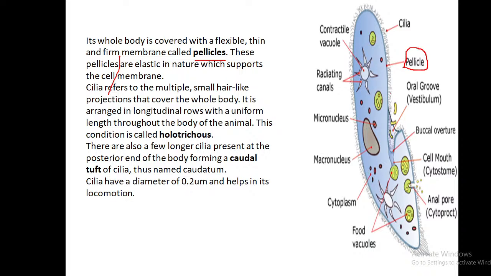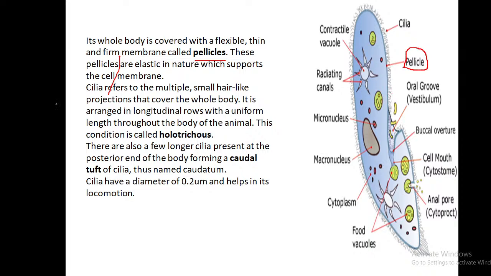The whole body is covered with a thin and firm membrane called pellicle. Pellicle is elastic and it supports the cell membrane. So the outer covering is called the cell membrane. It supports the cell membrane.